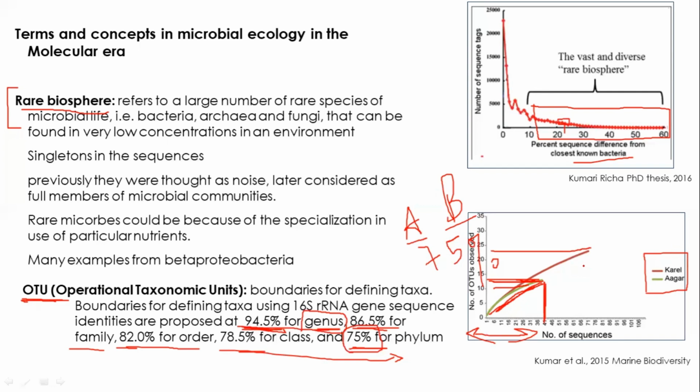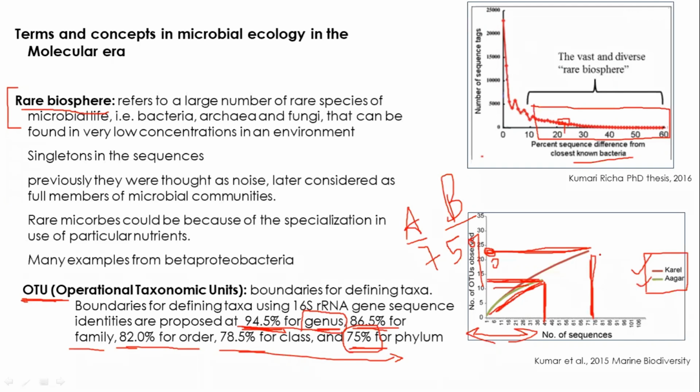Similarly, in Karel, you have 23 different taxa from 71 sequences. I don't remember exactly how much difference I took, maybe 3%. So you can say there could be 23 species of nematode in one location and 13 different species in the second location. This is how you understand operational taxonomic unit.